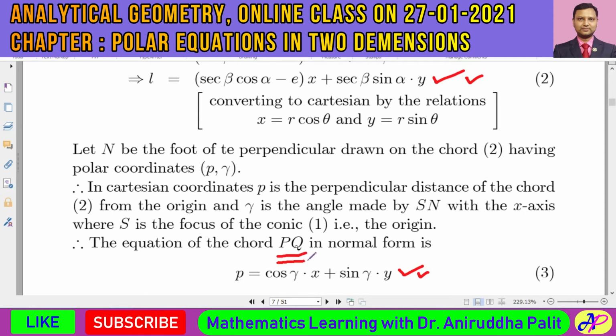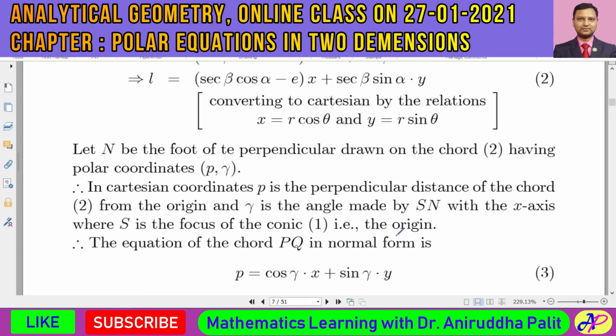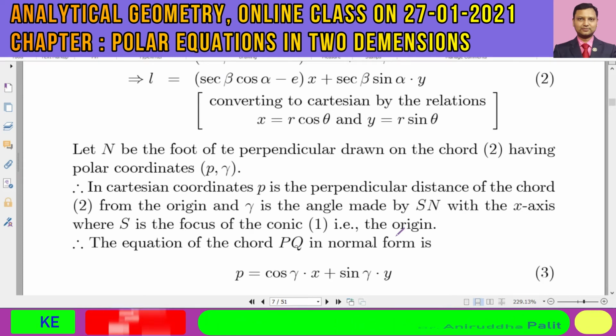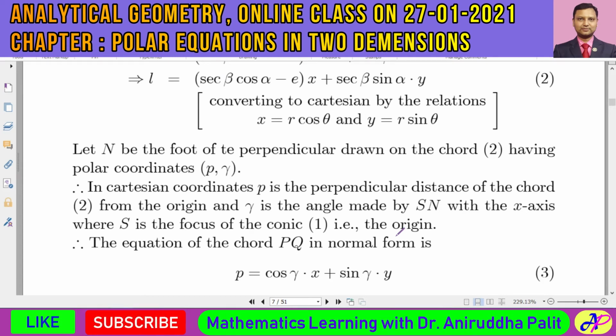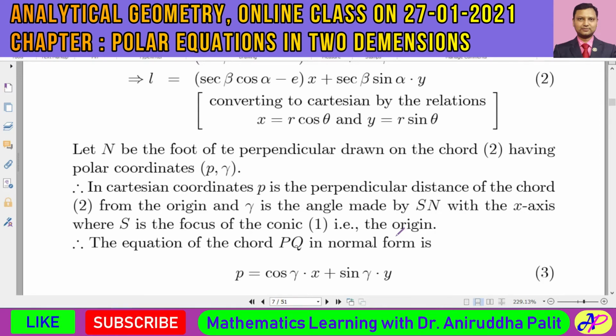Therefore equation number 2 and equation number 3 must be identical, because both represent the same straight line PQ, and so we can compare the similar terms.